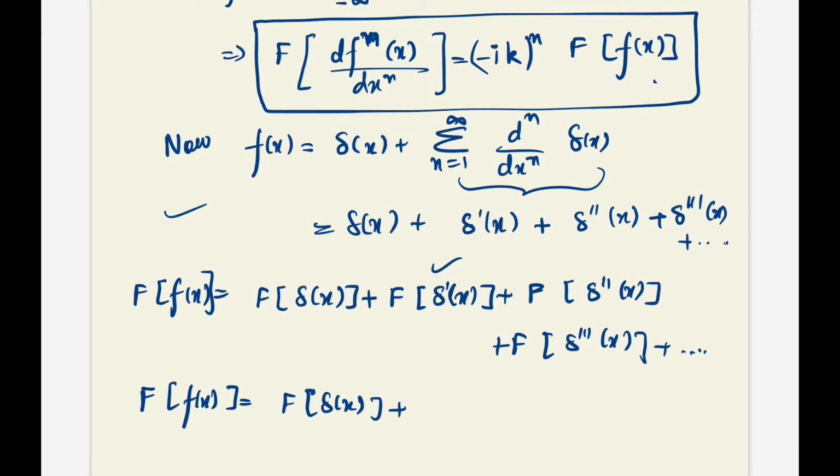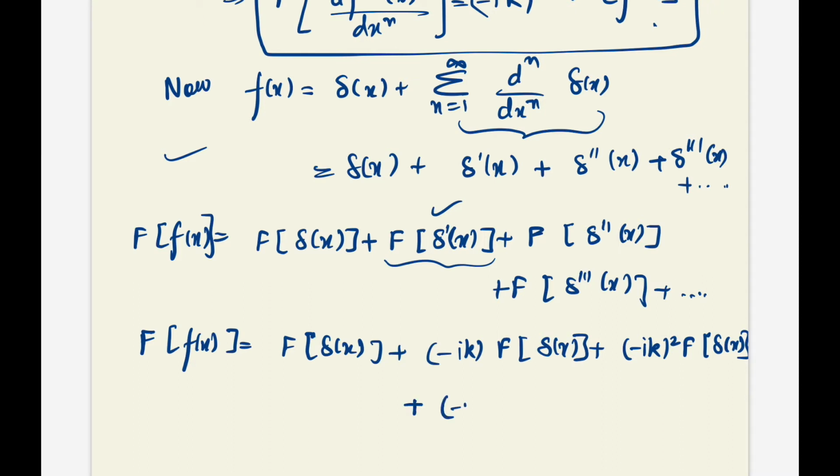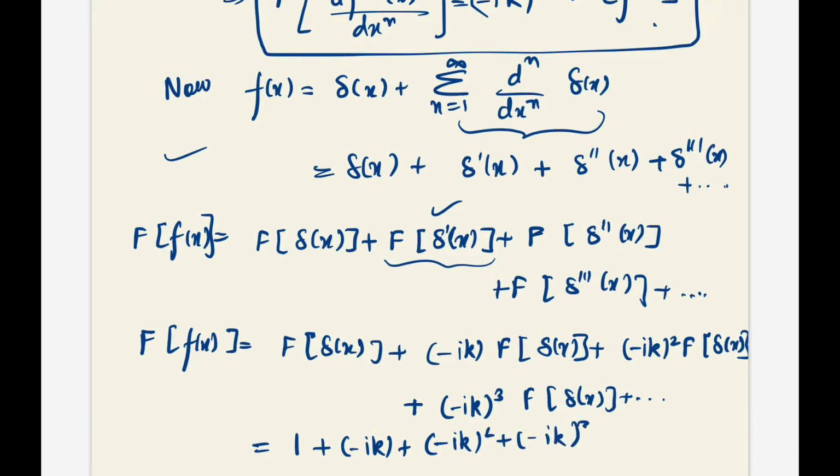By using this formula, what we get for the first term is minus ik F of delta(x) plus (minus ik) squared F of delta(x) plus (minus ik) cubed F of delta(x), plus so on. This becomes 1 plus (minus ik) plus (minus ik) squared plus (minus ik) cubed, plus so on.